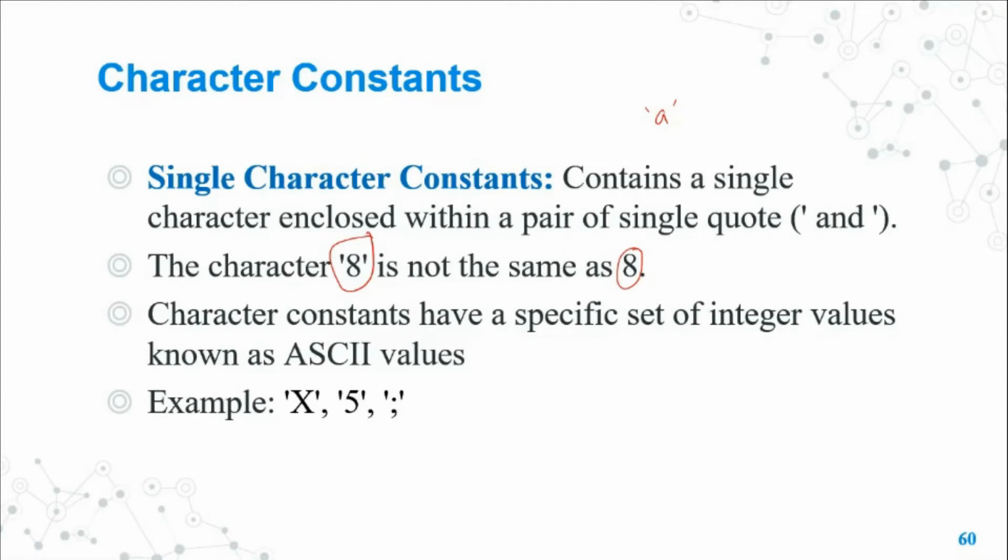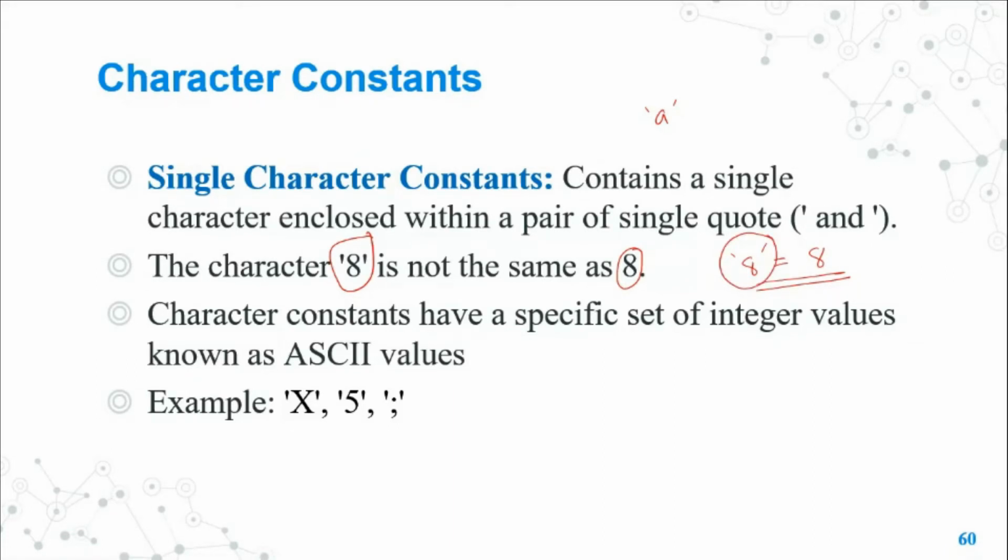Integer 8 has a value, we know that is 8, and the character 8 will have some other ASCII code. It will take the ASCII code value. We have seen that for each character 0 to 9 there is an ASCII value associated with it. So if we try to check whether this one is equal to this 8, then it will return false, because this value will be the ASCII value corresponding to 8.